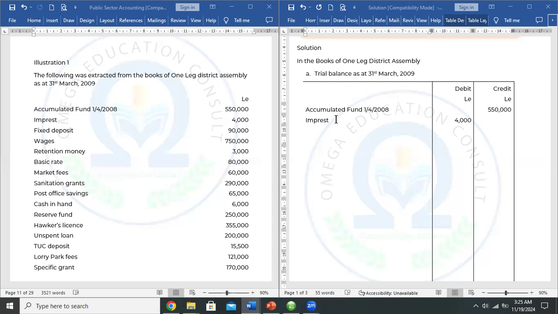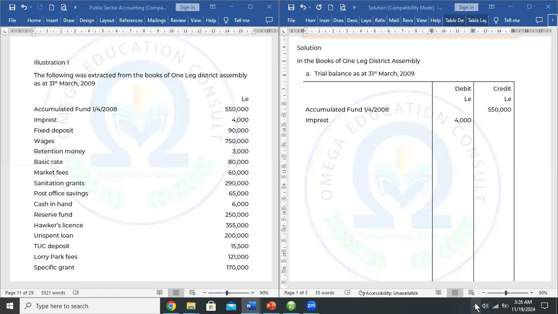I think fixed deposits, it's an investment. Okay, that is very true. It's a form of investment, right? Where you deposit a sum of money in an account, and that is going to accrue some interest over a period of time. So fixed deposit is an investment.